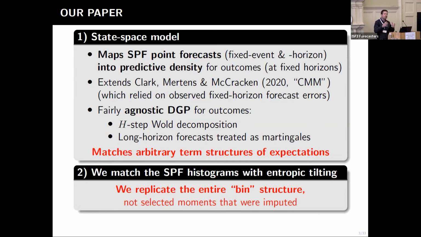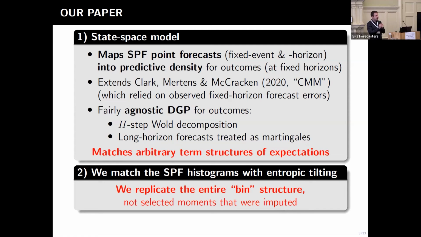Our assumption for the DGP that drives the outcomes is a fairly agnostic one. Namely, we just assume an 8-step ahead Wold decomposition, and we treat the long-run forecasts as martingales.